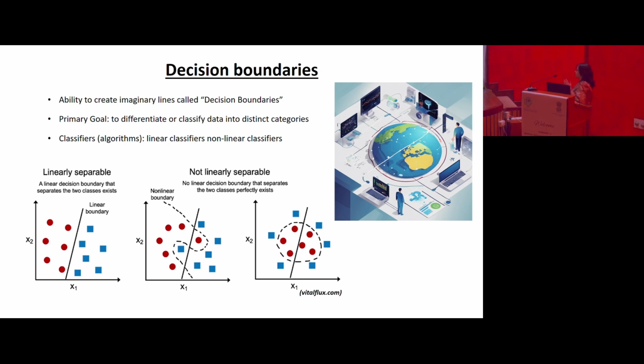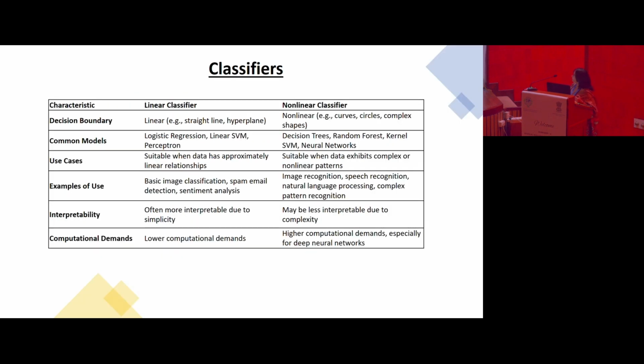In order to classify these or make decision boundaries, we have special algorithms which are known as classifiers. These classifiers are of two types: linear classifiers and nonlinear classifiers. Linear classifiers are suitable when the data has an approximately linear relationship, whereas nonlinear classifiers are suitable in case of complex patterns or data.